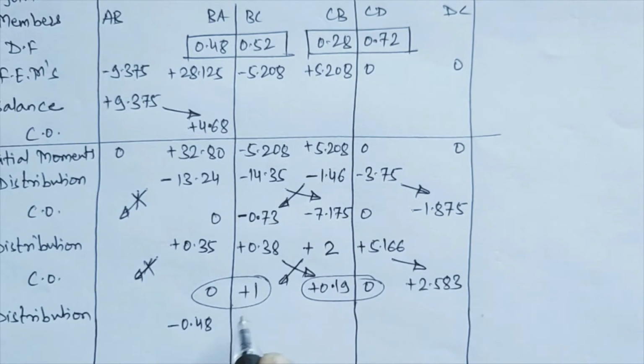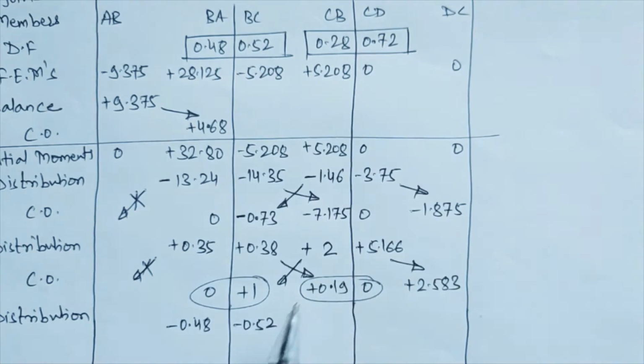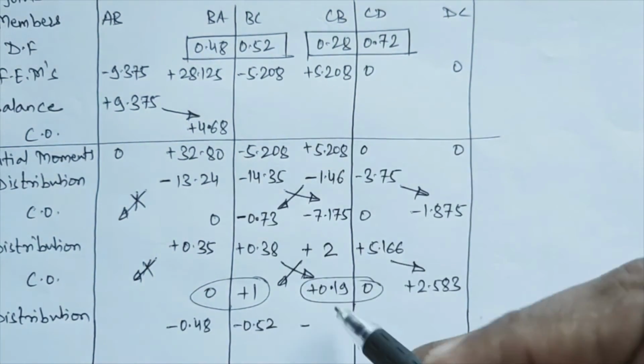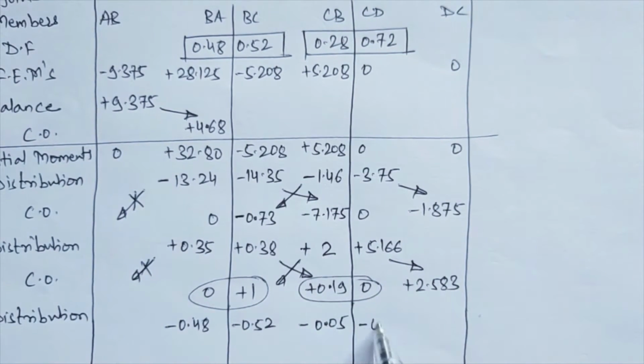Because this summation is coming positive, and this I will get as minus 0.52. Next 0.19 into 0.28, again this is positive, so distribution will be again negative for both. So 0.19 into 0.28, I get almost minus 0.05, and this I am getting as minus 0.14.